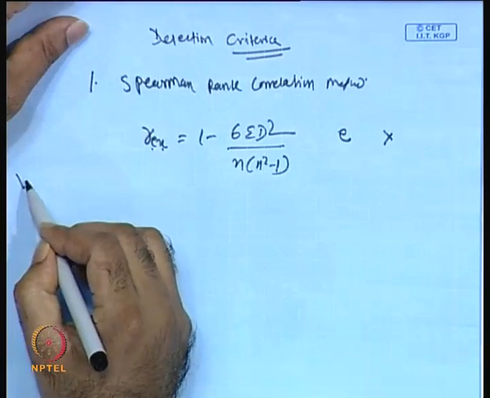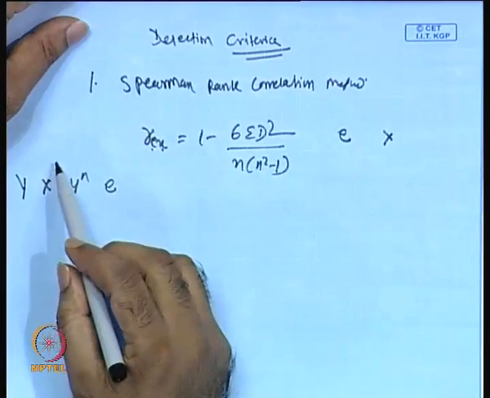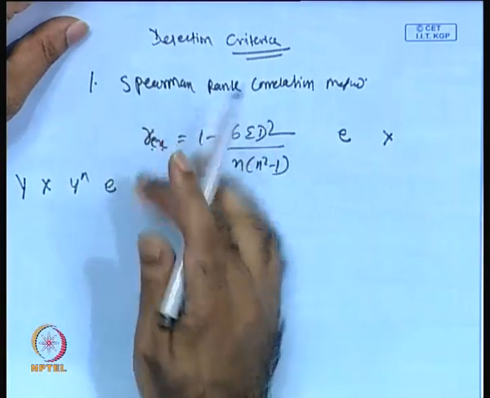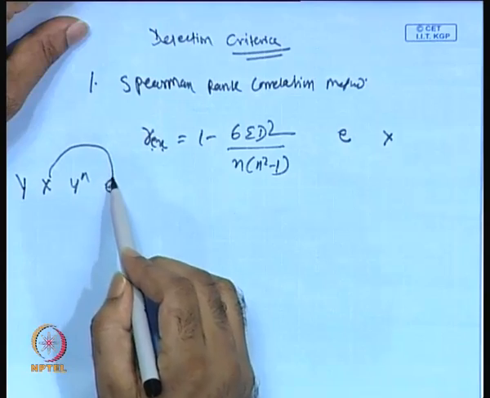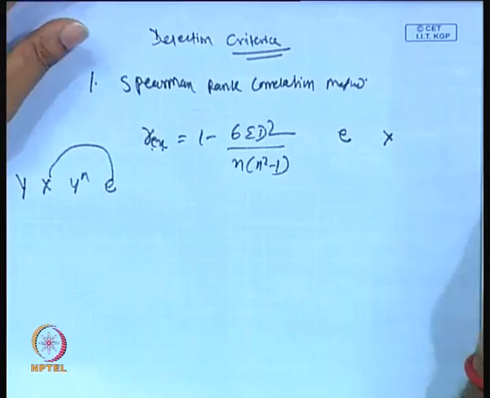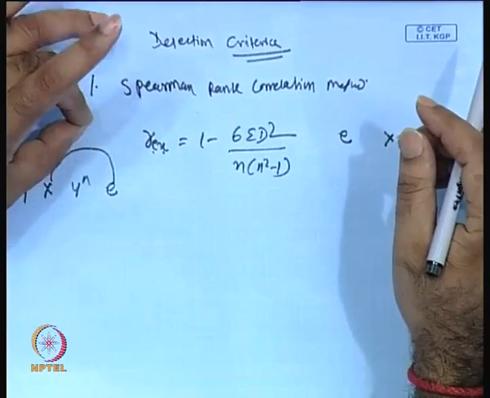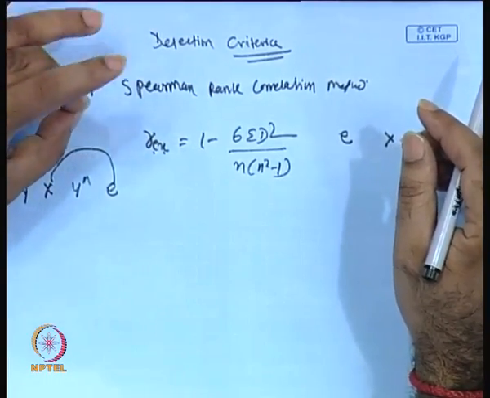We start with Y, X, then Y-hat and E, but in the Spearman rank correlation, to detect heteroscedasticity, we want to correlate X and E. This looks like a multicollinearity-type situation. If that correlation is statistically significant, then there is a heteroscedasticity issue, and that has to be removed.